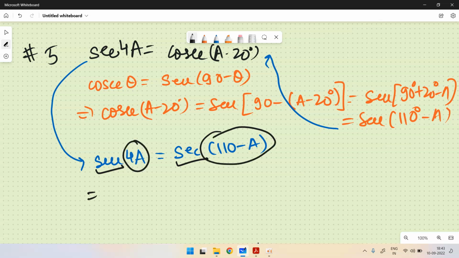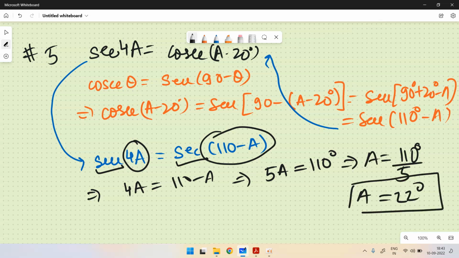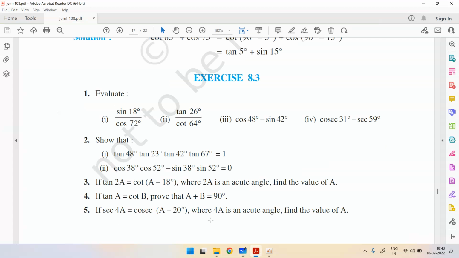So 4a equals 110 minus a. If you take a from the LHS, 4a plus a is 5a equal to 110 degrees, which implies that a is 110 degrees by 5, which is 22 degrees. So the value of angle a is 22 degrees.